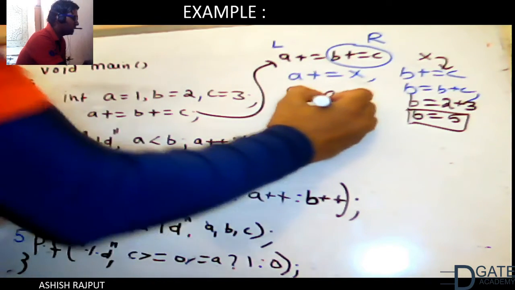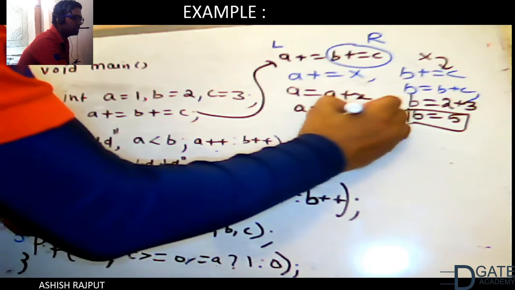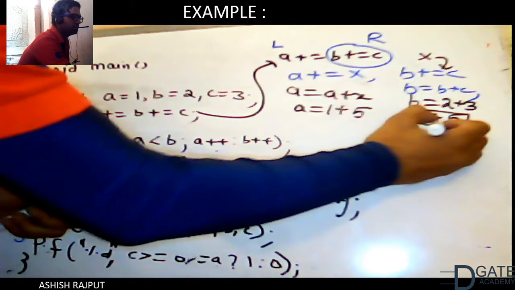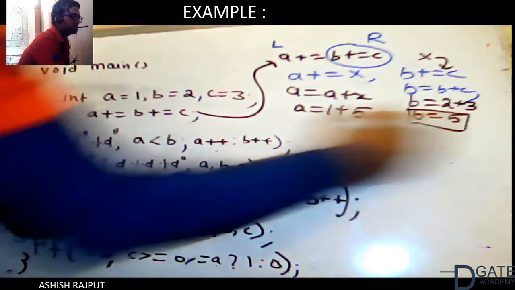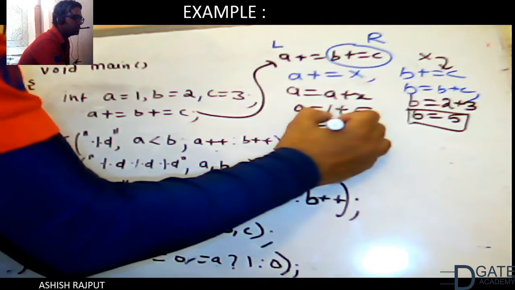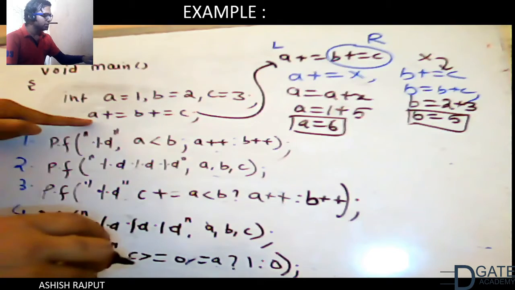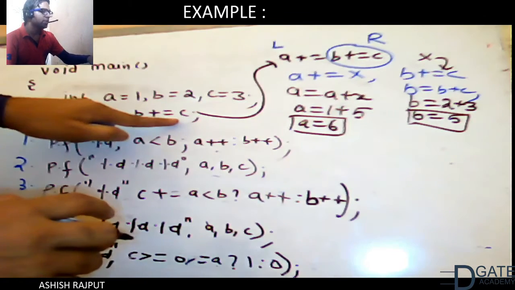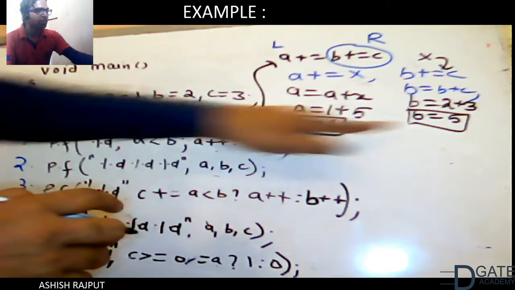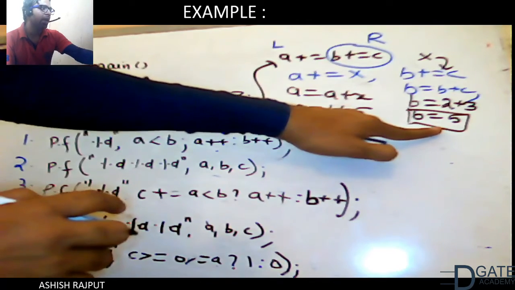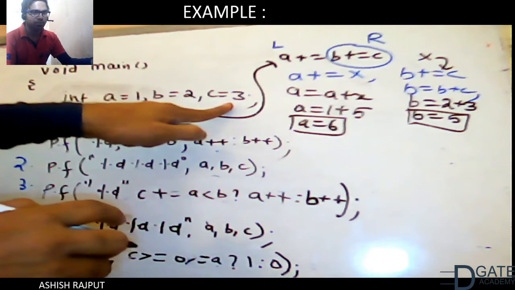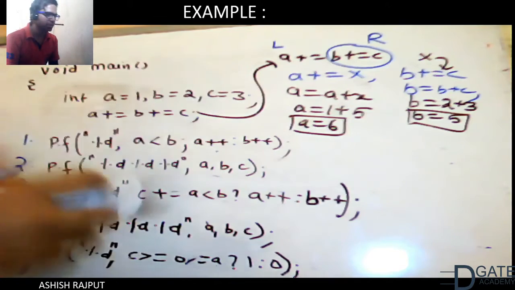So what is a? a is equal to 1 plus x, and x is equal to 5. So a is equal to 6. After this statement is complete, what is the value of a? a will be 6, b is equal to 5 and c is equal to 3, because there are no changes in the expression for c.